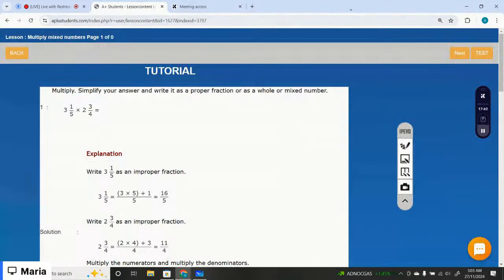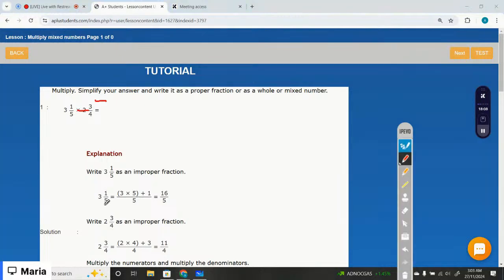Multiply 3 whole 1 by 5 times 2 whole 3 by 4. So the first thing you need to do is convert them to improper fractions. That is 3 whole 1 by 5 times 2 whole 3 by 4, right?